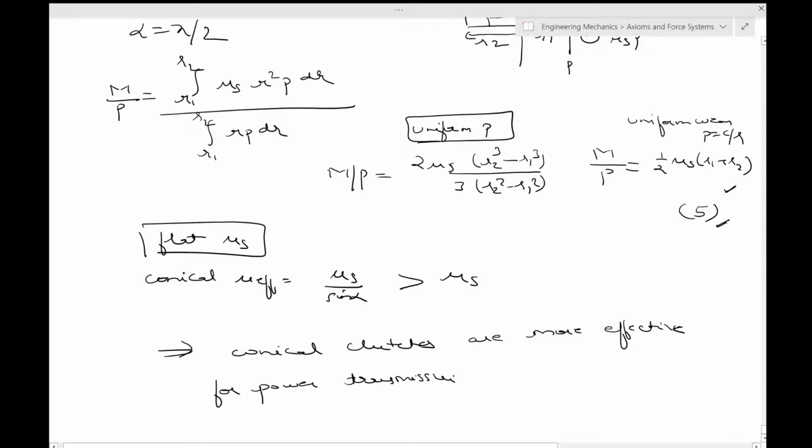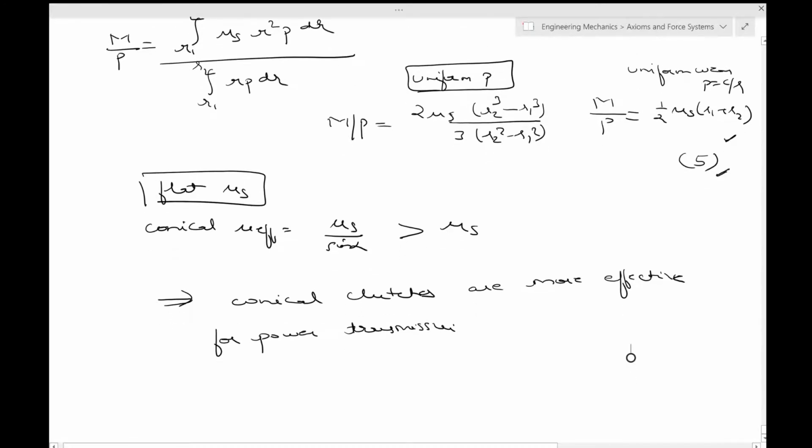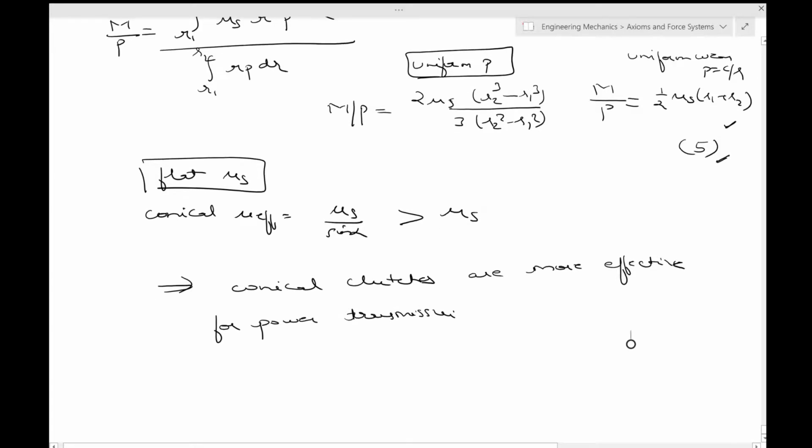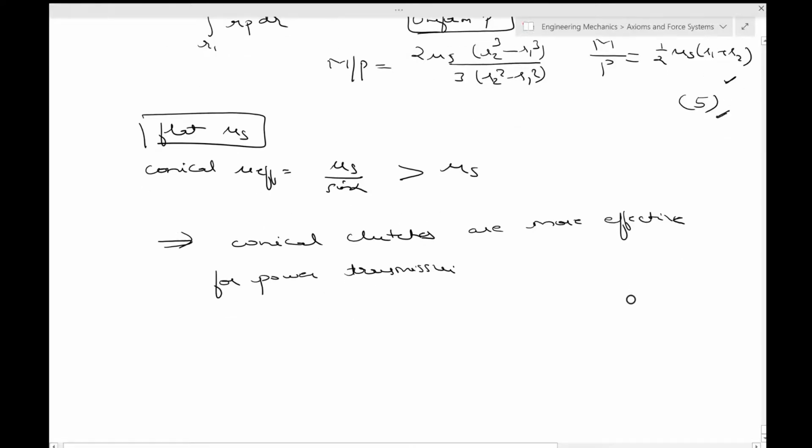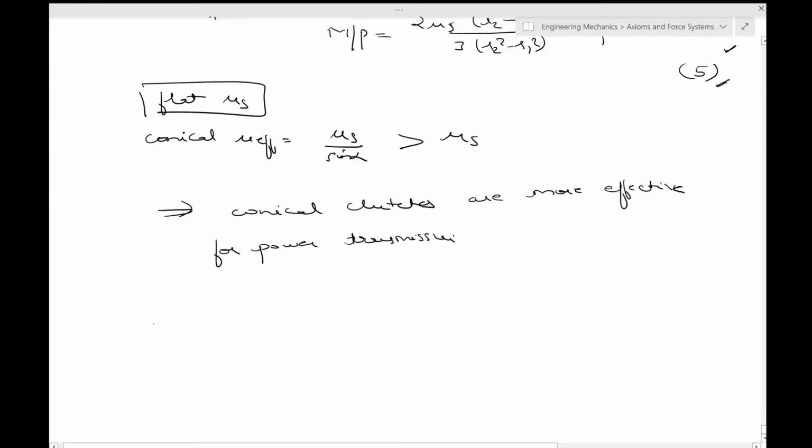So that's the case of conical clutches being more effective than flat bearings. Look at now the case of a sphere. So you have this sphere.